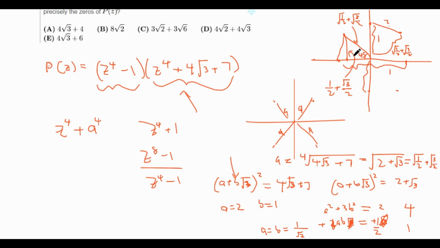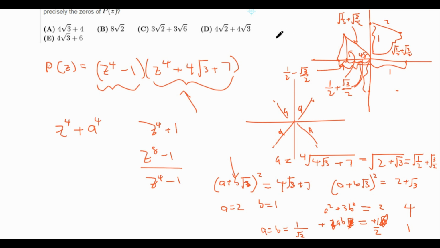Meanwhile, we can see that this thing is also the same thing, this distance. So that means this distance is just equal to 1 minus 1/2 plus square root of 3 over 2, which is just equal to 1/2 minus square root of 3 over 2. Now we have the lengths of the two legs.